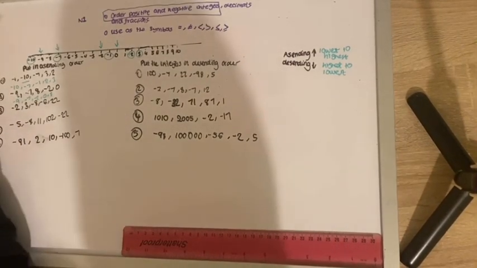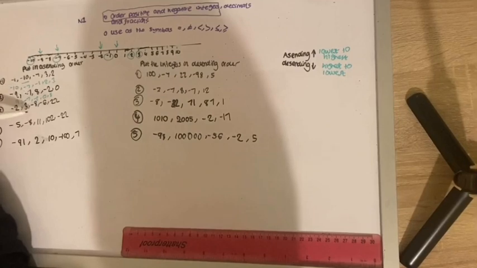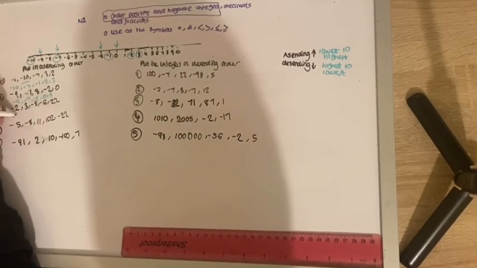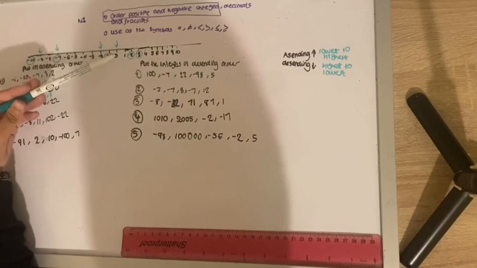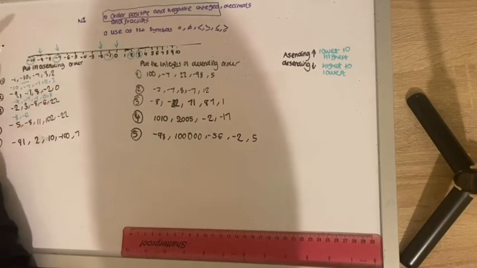Okay, the next one. So from here, obviously lowest to highest, so our lowest number, our most negative number, would be -8, followed on by -6. Just a heads up, how you can tell is whichever one's furthest away from 0 will obviously be more negative.